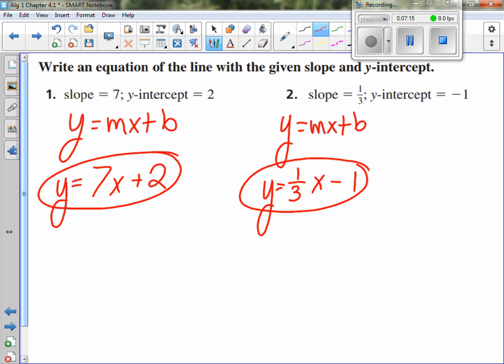We can just say y equals 1/3 x minus 1. I could have written this as y equals 1/3 x plus negative 1, but that is the same as minus 1. Any questions on any of this so far? We good with this?